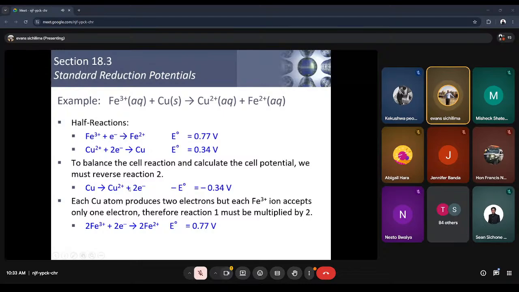So you change the sign of the standard electrode potential to negative. So you put negative on both sides, because what was happening? In another case, you find that copper will be gaining. So you have to follow this reduction equation. But for this particular case, it is the one that is losing. So you flip the signs, you give it negative. Okay.